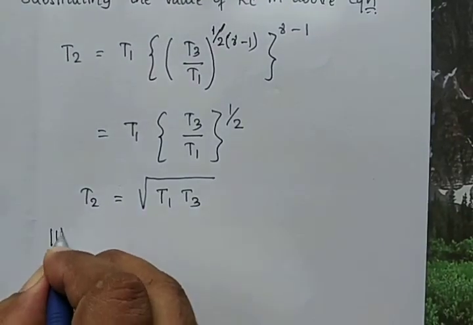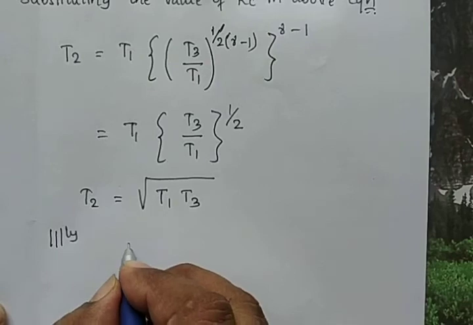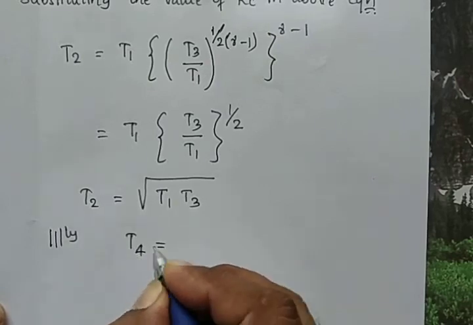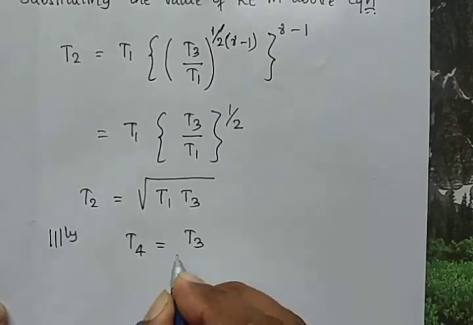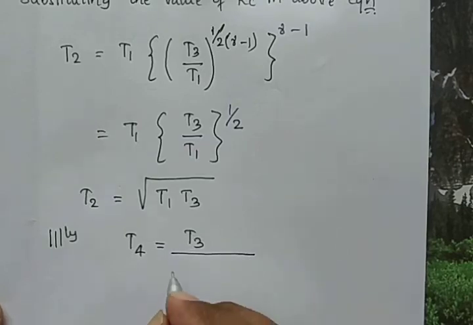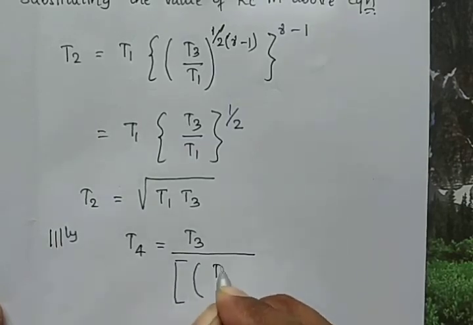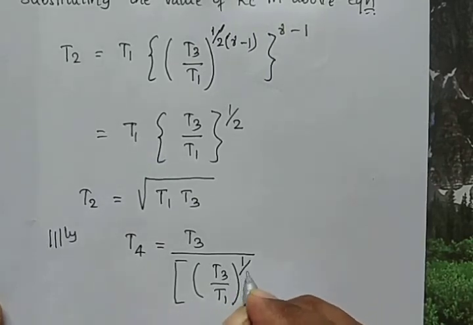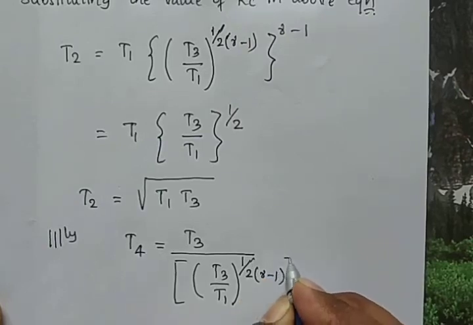Similarly, I will take the second equation, that is T4 equal to T3 divided by RC to the power gamma minus 1. I will substitute the value of RC as T3 by T1 whole raised to 1 by 2 into bracket gamma minus 1, whole raised to gamma minus 1.